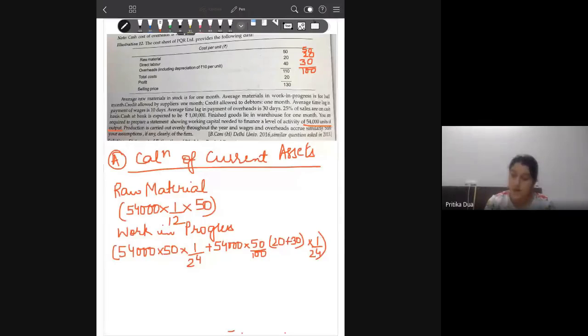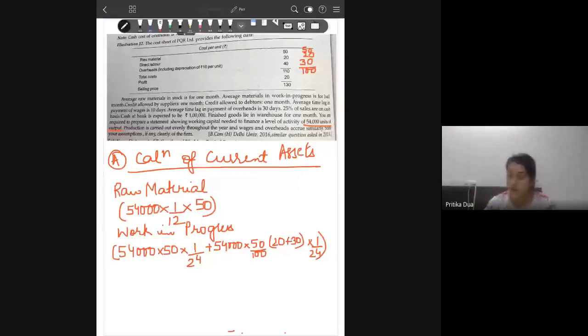After that, you are given the debtors. Debtors are given a holding period of 1 month. Debtors are taken on cost of sales. So in our question, cost of production and cost of sales is the same, rupees 100. So this will be the value of debtors.